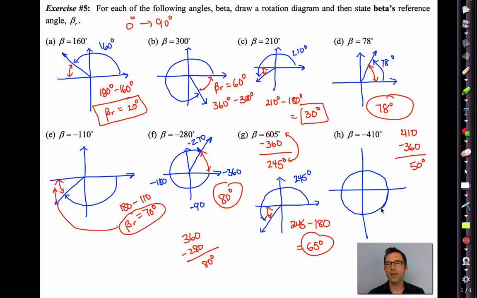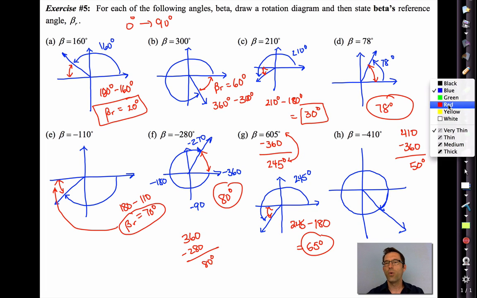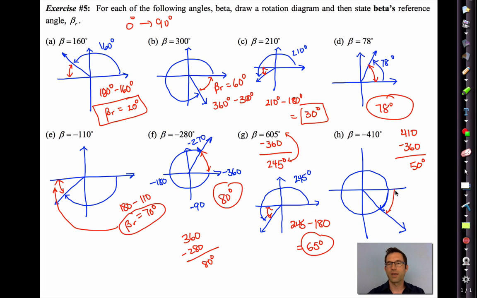Then I go an extra negative 50. Something like that. The cool thing is the reference angle in this case is just that 50 degrees. All right, and that's it. That's reference angles. Pause the video now, think about this a little bit, and then we'll wrap up the lesson.